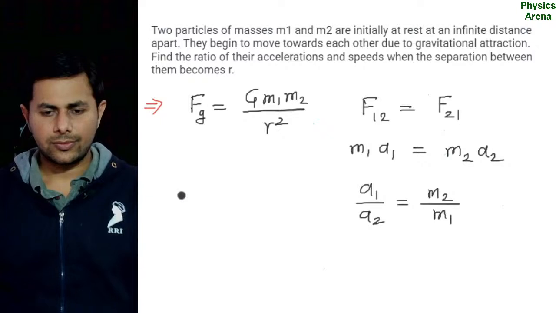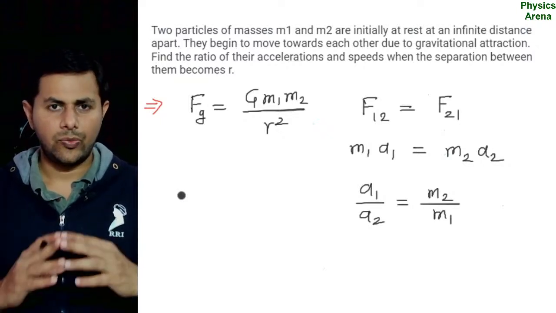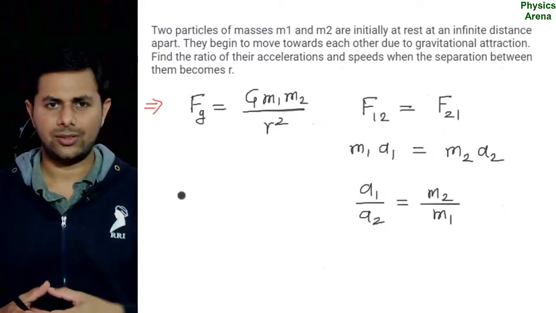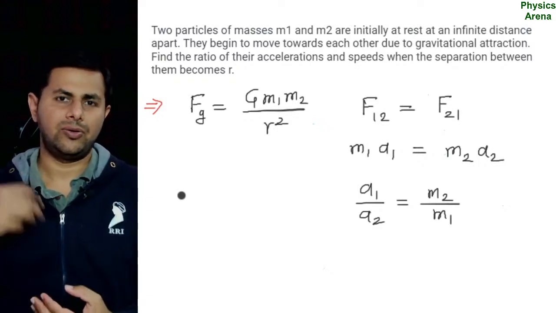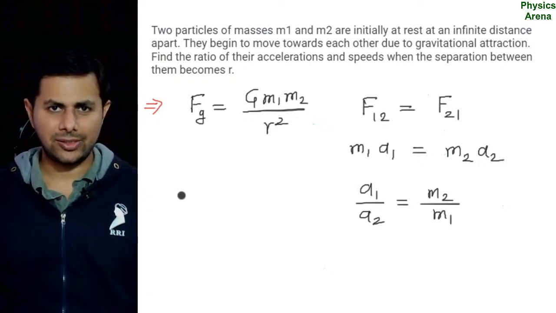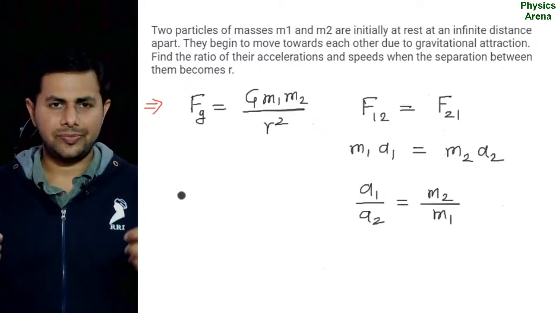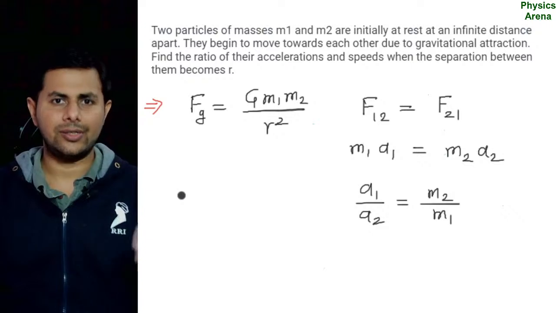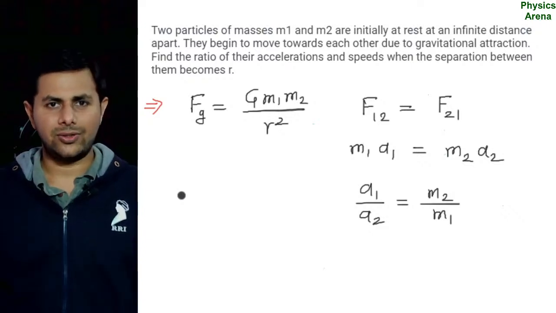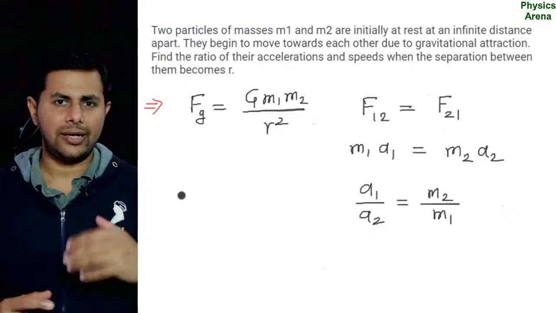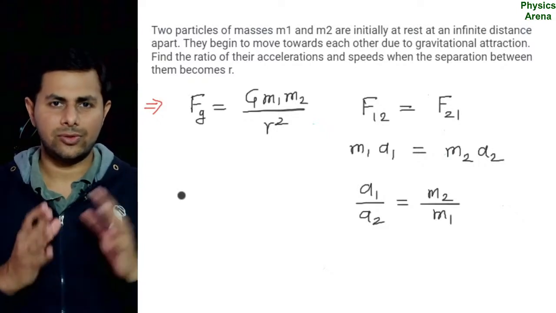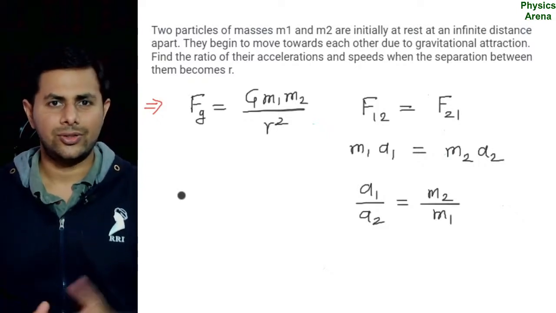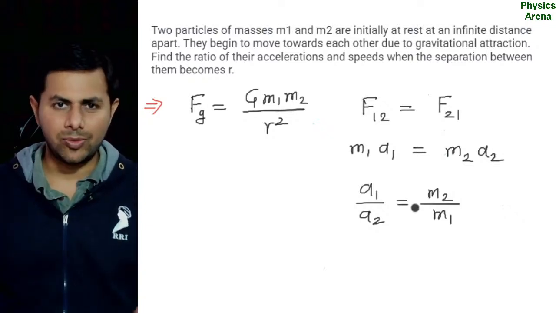It's simple. One way is to find out the speed: both particles start from rest, then they come close to each other due to the mutual gravitational attraction, so you find out the speed. Another way is just to use the law of conservation of momentum. So we'll use the law of conservation of momentum.